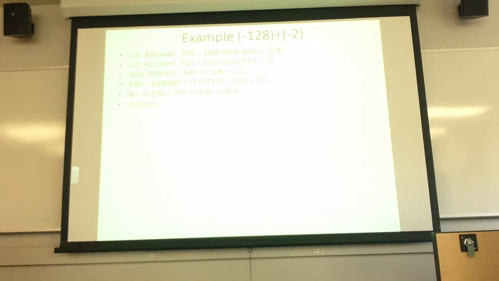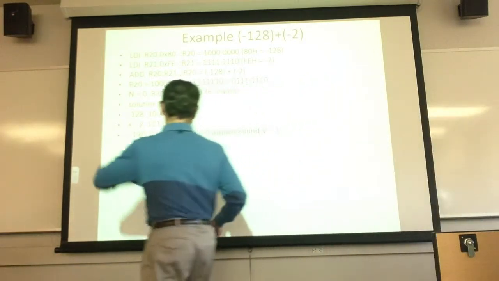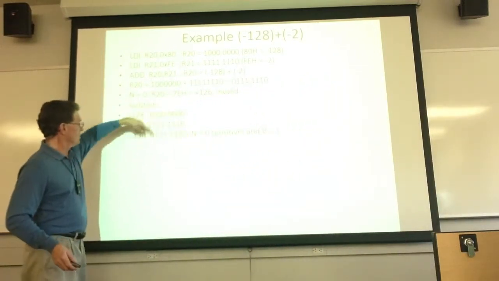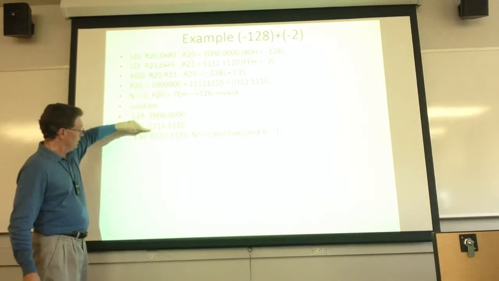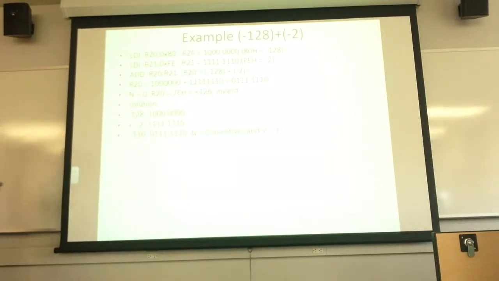All right, so if you look at it, there's my minus 128 in binary. There's the minus 2 in binary. Adding them together, when I start adding them up, I get zeros to zeros. I've got the 1 and 1 here, 0, and the V flag is going to be set equal to 1. So it's obviously an erroneous result, and the CPU basically says, you've got an issue here.